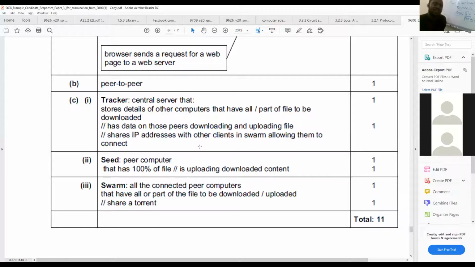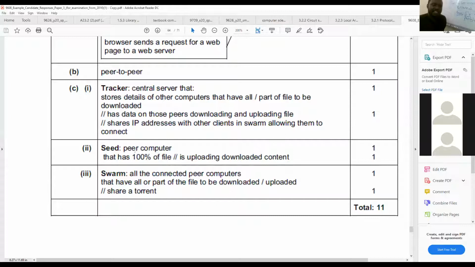Yeah. Good. So a seed is a computer among the BitTorrent computers that has downloaded 100% of a file. It has finished downloading a certain file completely. Then a swarm refers to the group of all connected computers using BitTorrent.